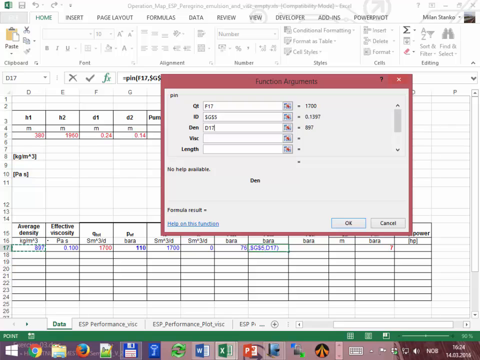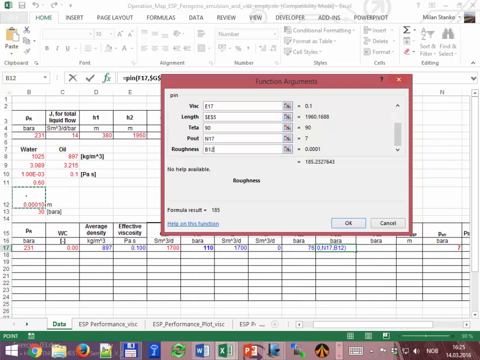Density here, that is not blocked. Viscosity, length is almost 2 kilometers, and that one has to be blocked. Then again we are assuming that it's another vertical pipe, so 90 degrees. P out is 7, this value here, and then the roughness, that's another value that is going to be blocked.